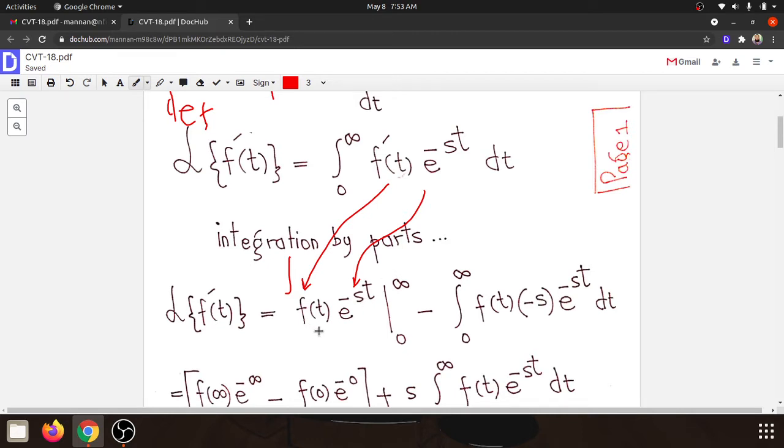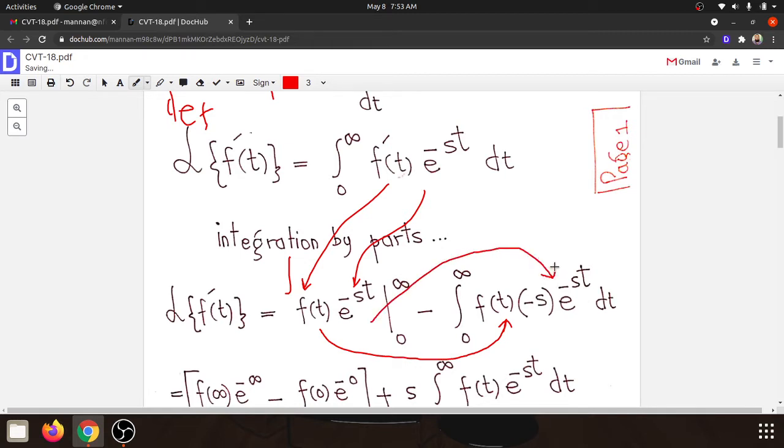And then the first function integrated is once again written here, and the second function, which was written as such, is now differentiated.